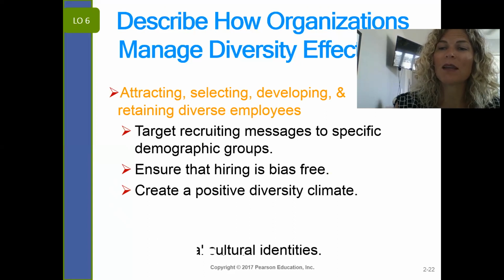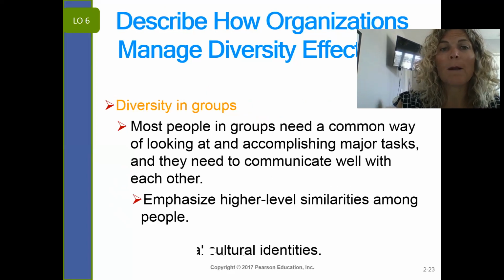Because that may be the first time someone has someone to talk to about this position or this organization. So they do represent the organization in those circumstances.